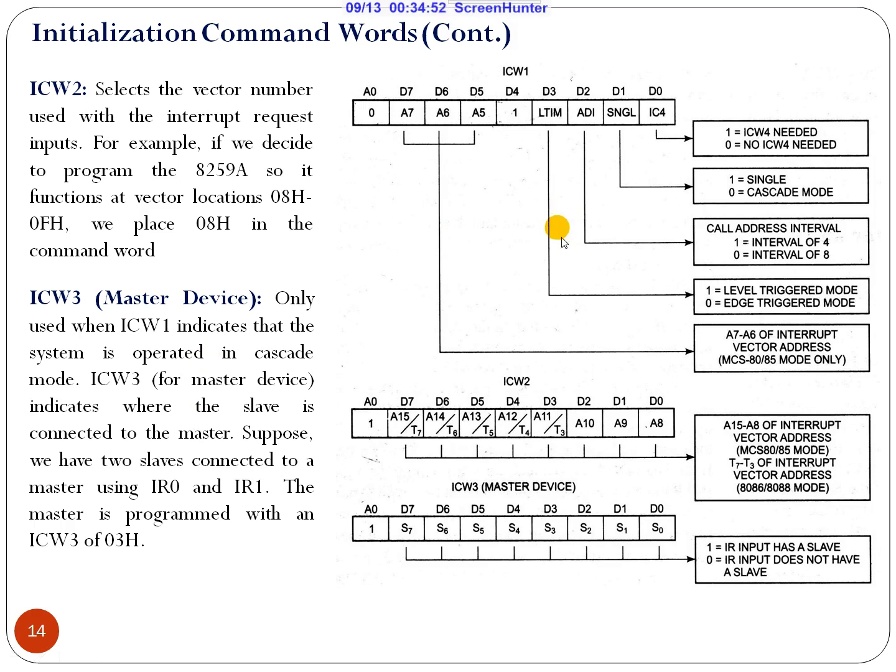D1 will be used for whether the particular 8259 is going to be used in single mode or cascaded mode, and D2 will be used to program whether the call address interval is 4 or 8. What it means is, whether the 8259 is used with the polling mechanism or with the vector mechanism is decided by this: interval 4 for the polling mechanism, interval 8 for the vectoring mechanism. That can be programmed here.